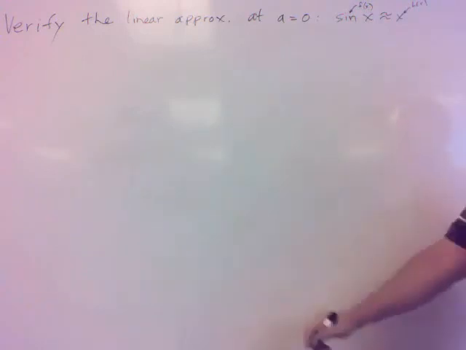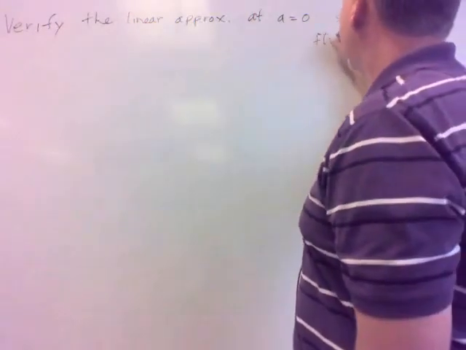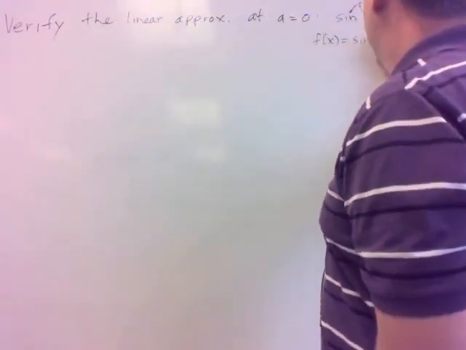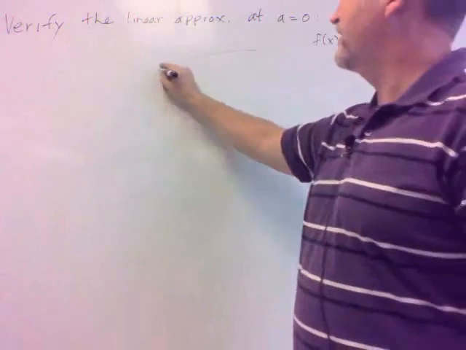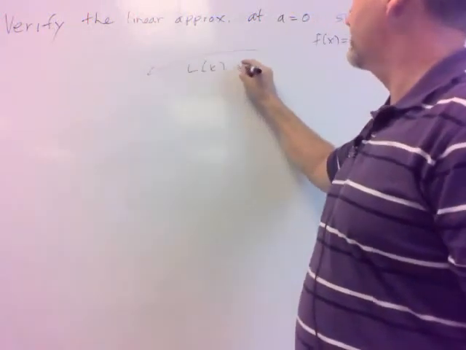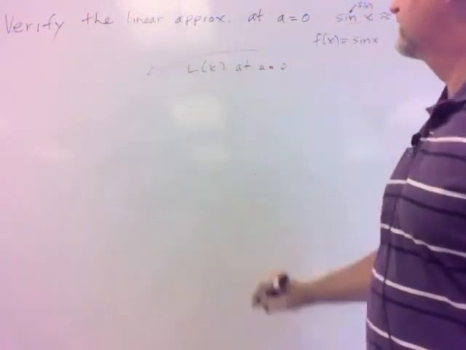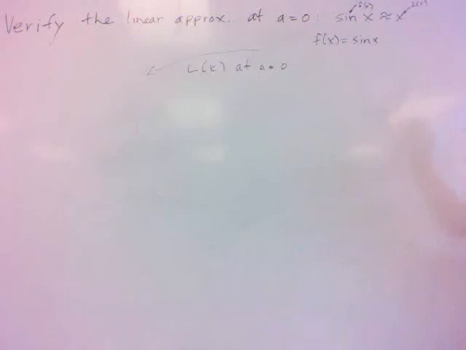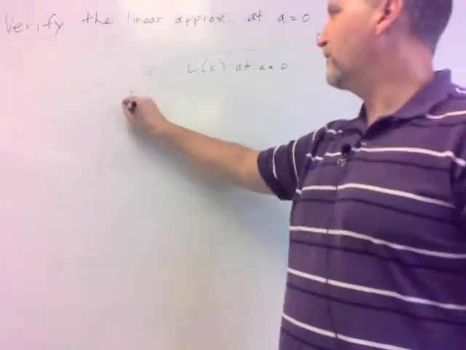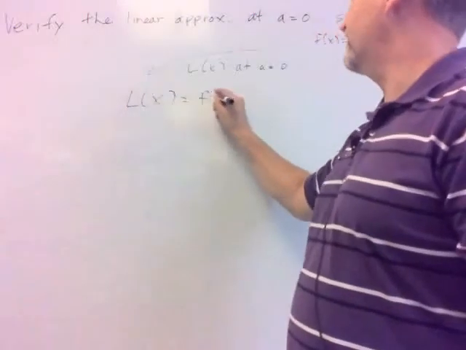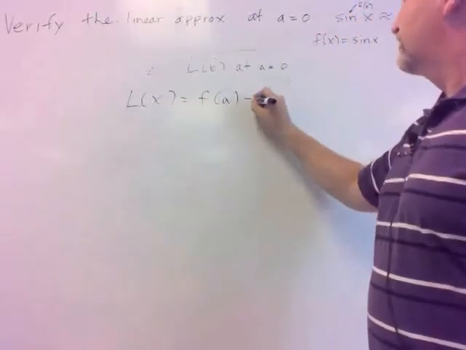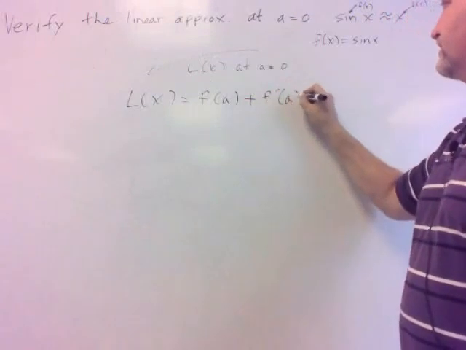So I'm going to take f of x equals sine of x, and I'm going to get the L of x at a equals 0. That's what this, in so many terms anyway, is asking us to do. Okay. All right. Well, we know that L of x equals f of a plus f prime of a times x minus a.